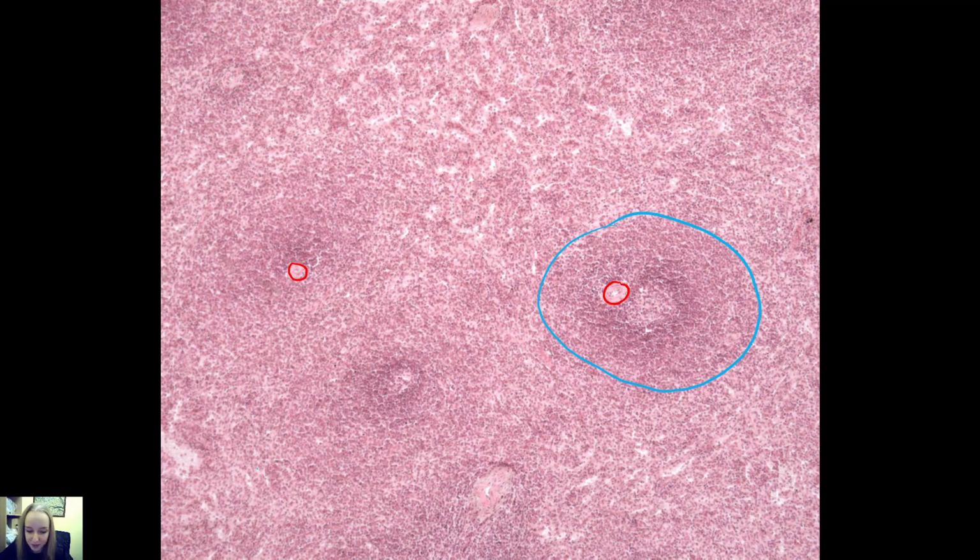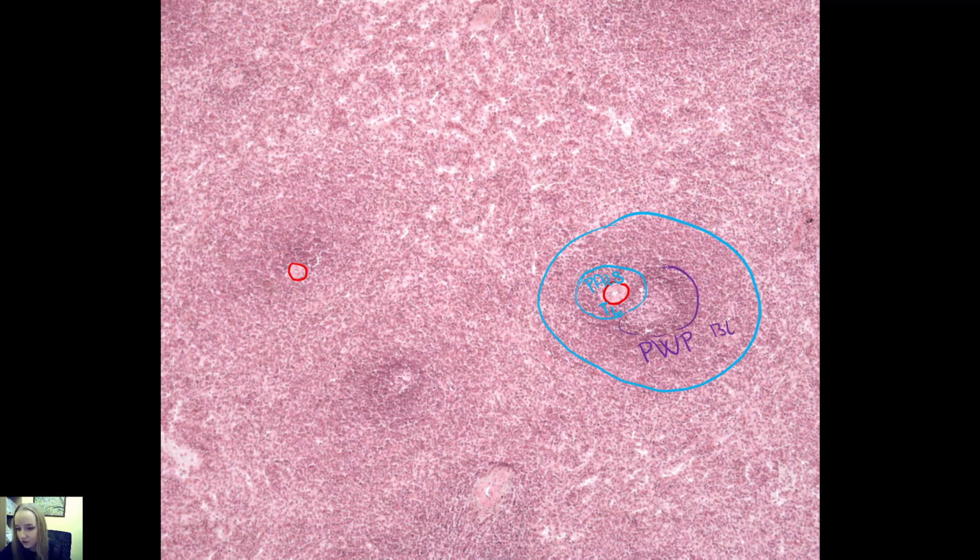And this white pulp is composed of PALS, the peri-arterial lymphatic sheath or lymphoid sheath, that is this big all around the central artery. In PALS, there are T lymphocytes inside, and around PALS we have PWP, peripheral white pulp, which is composed of B lymphocytes and contains follicles.